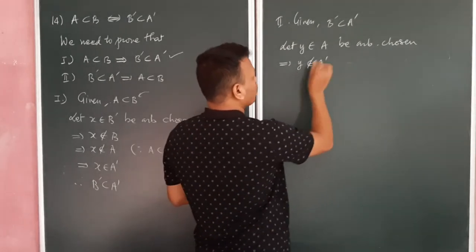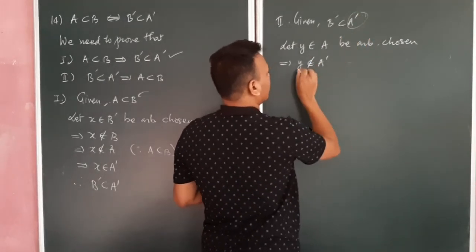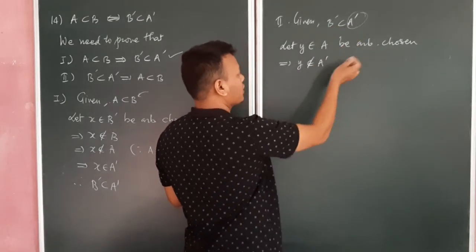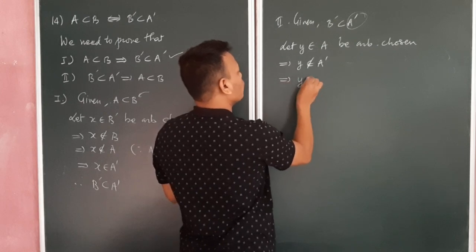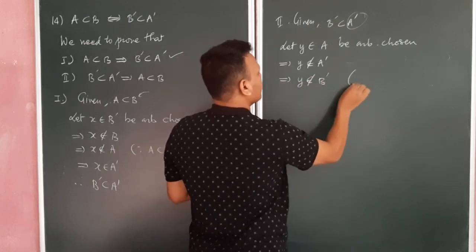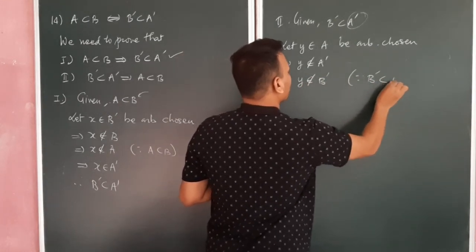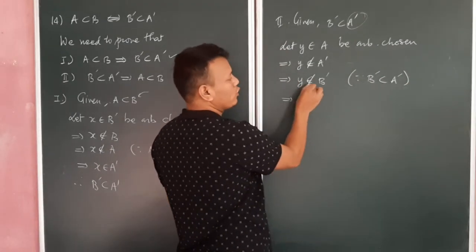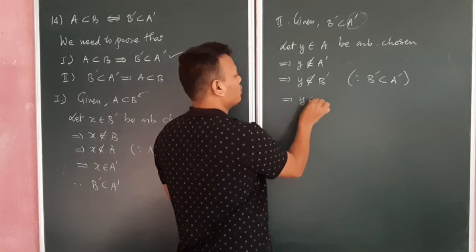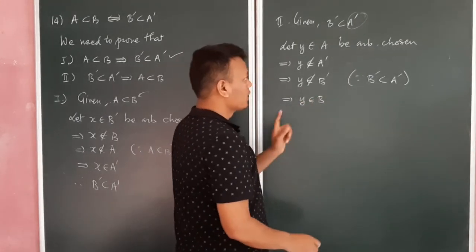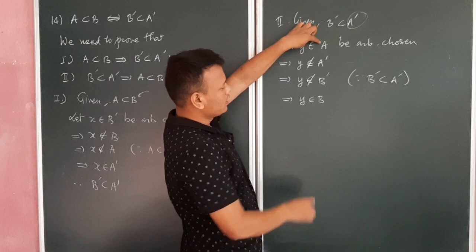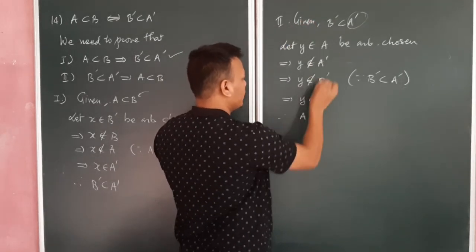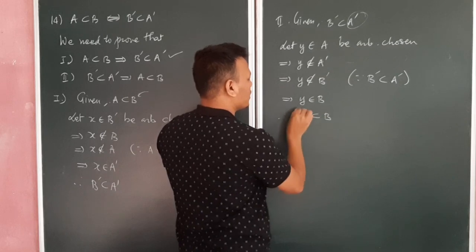Now if Y does not belong to A dash, will Y belong to B dash? No, right? Because B dash is a part of A dash. So clearly this means that Y does not belong to B dash as well, since B dash is a subset of A dash. Okay. So if Y does not belong to B dash, then Y belongs to B. Yes. Okay, so initially Y belonged to A, now this Y belongs to B. So this means that A is a subset of B.